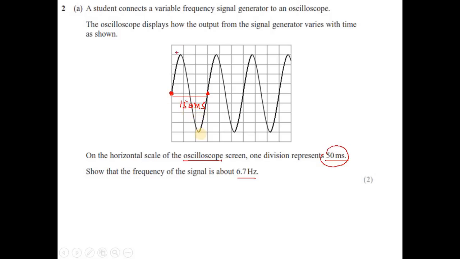So the total time for one wave is 150 millisecond, which is the time period. So frequency is 1 divided by 150 milli. Don't forget to write milli. It is the most common mistake students generally make. And once you solve this, your answer will be 6.66 hertz, which can be rounded off as 6.7 hertz.